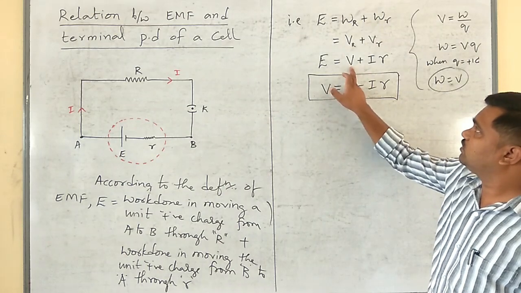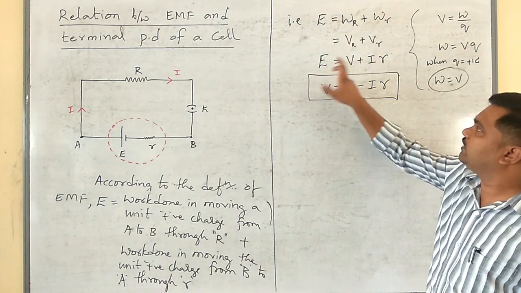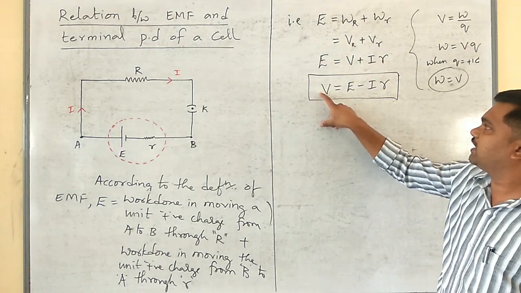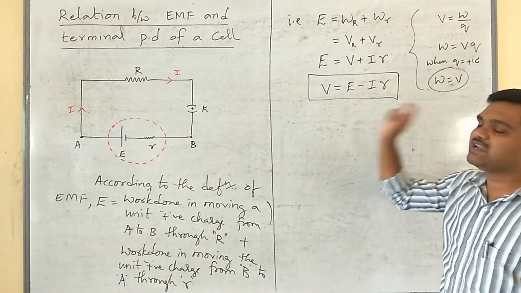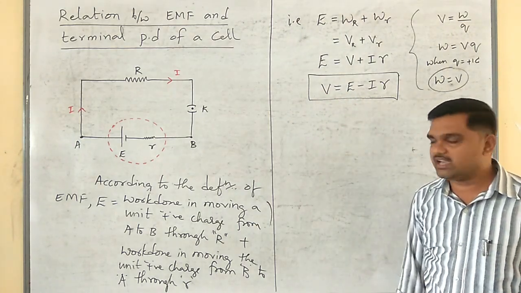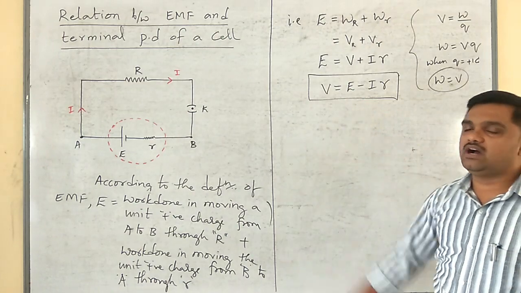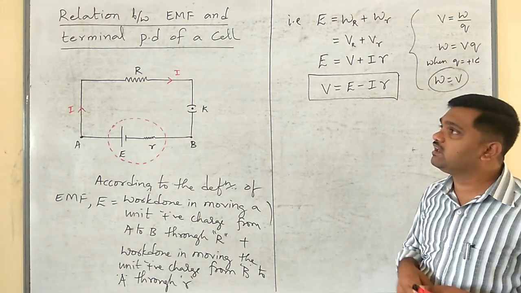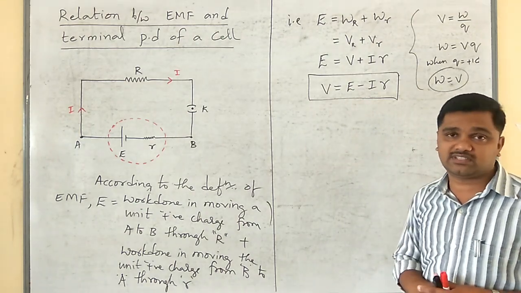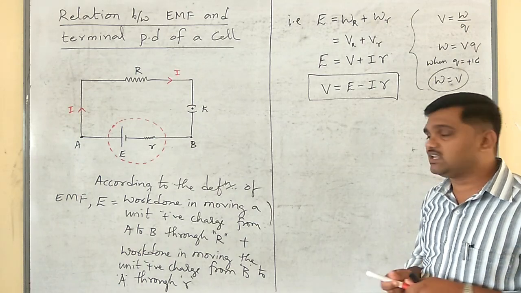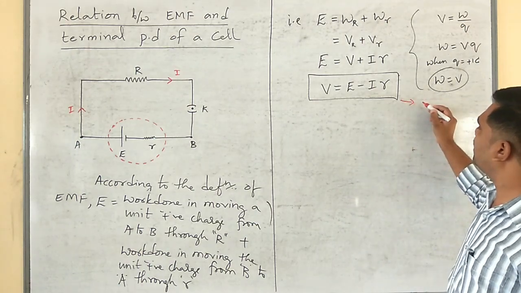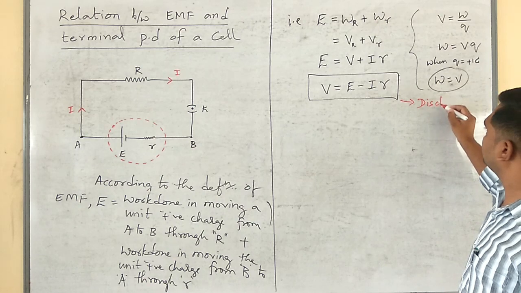Next, I have transferred E to this side and V to the other side, hence it becomes V is equal to E minus Ir. This is the expression which gives the relationship between terminal potential difference of the cell and EMF of the cell. Actually, this is for the discharging condition.